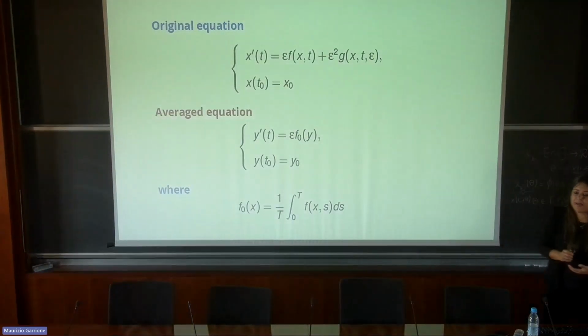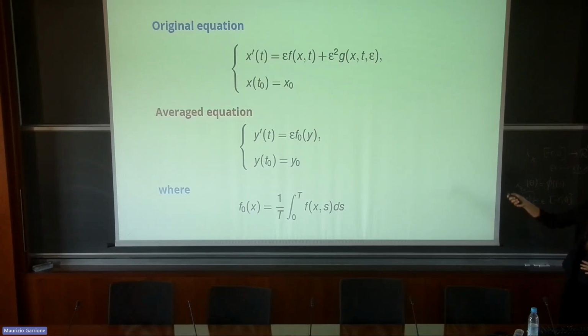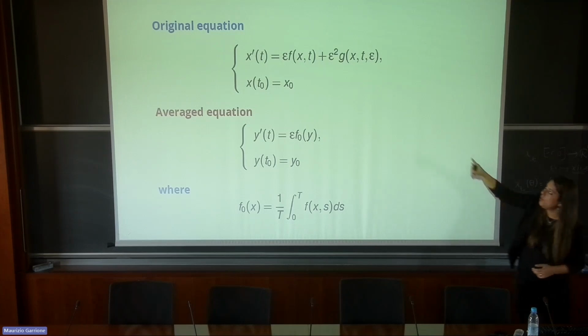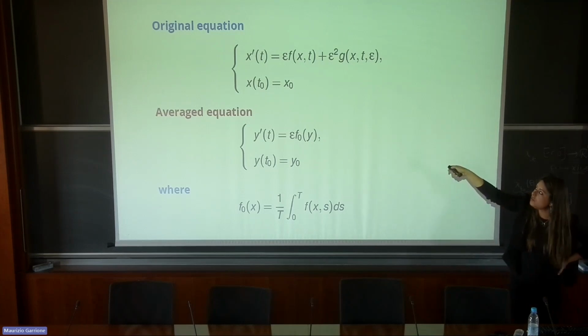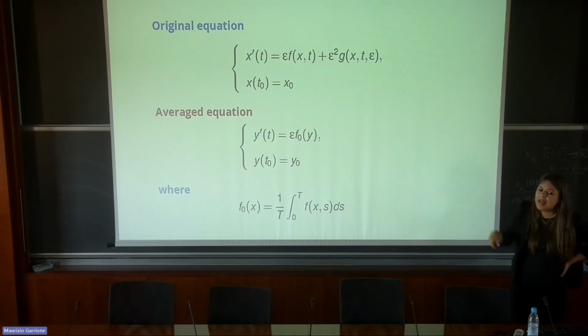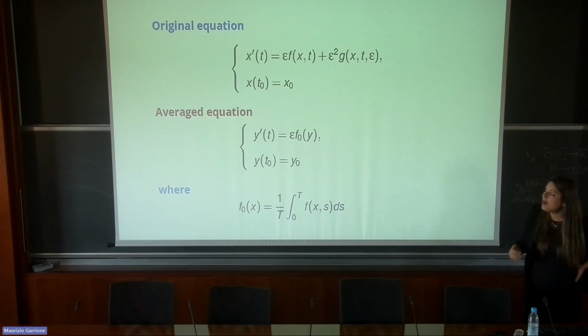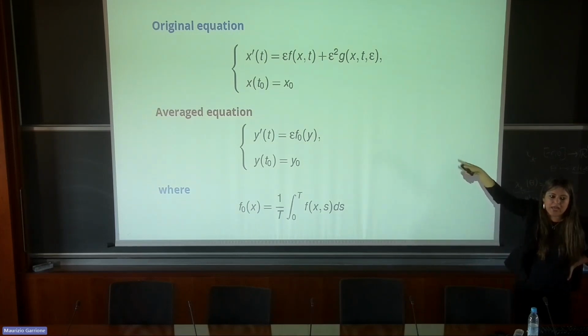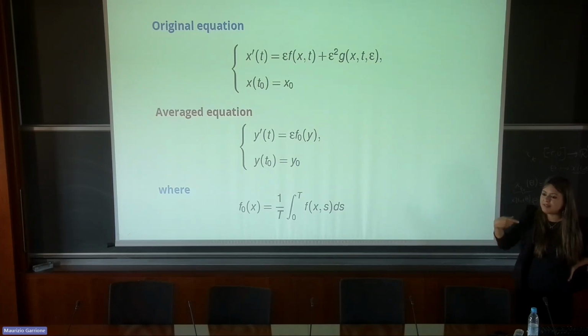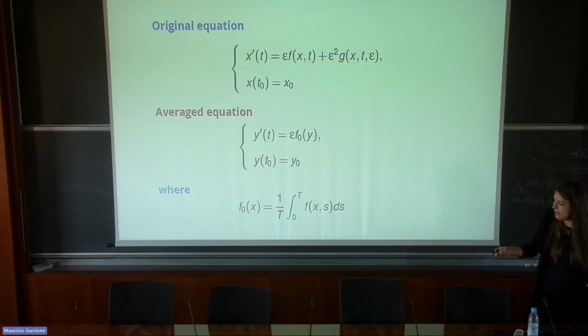So here we have the original equation, a model which is a non-linear type of equation, and here we have these parameters, in low dimension, very simple. If your function f is T-periodic in the second variable, then we can have the averaging principle. What does that mean?